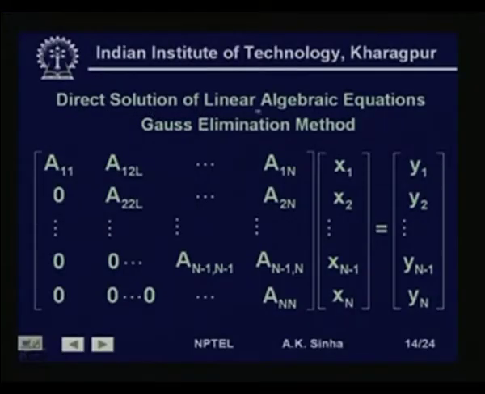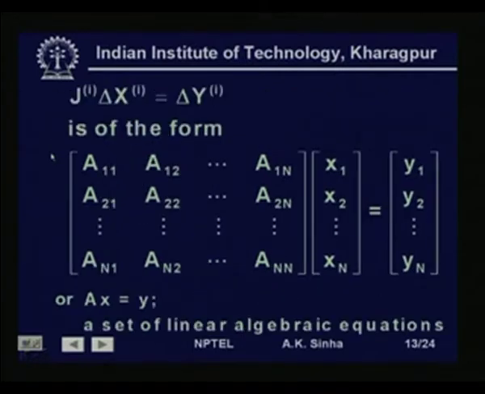Therefore, instead of finding the inverse in that way, we need to find some other way of solving it, and one of the ways, as we said here, is direct solution of linear algebraic equations using the Gauss elimination method. So, here we are trying to see how we can use Gauss elimination to solve this set of equations. What Gauss elimination tries to do is triangularize this matrix A, which is an n by n matrix, into an upper triangular matrix.